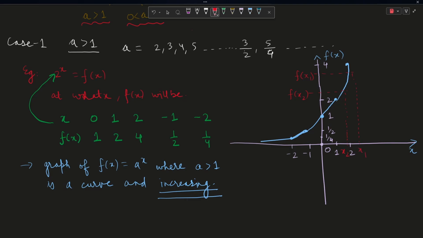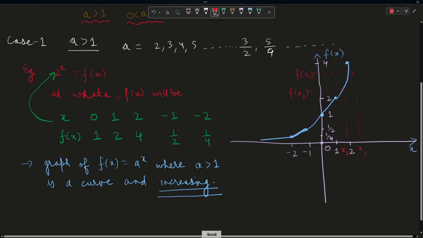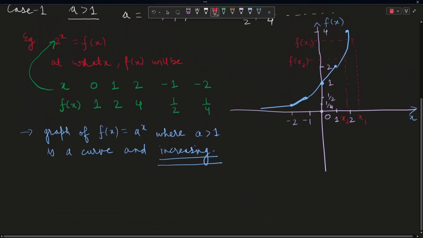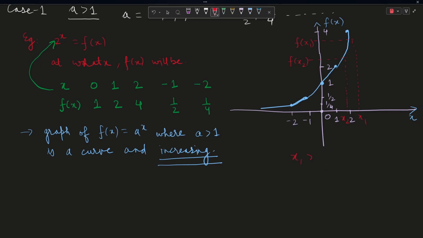It is obvious from the following scenario that x1 is greater than x2 and f of x1 is also greater than f of x2. What does that mean?